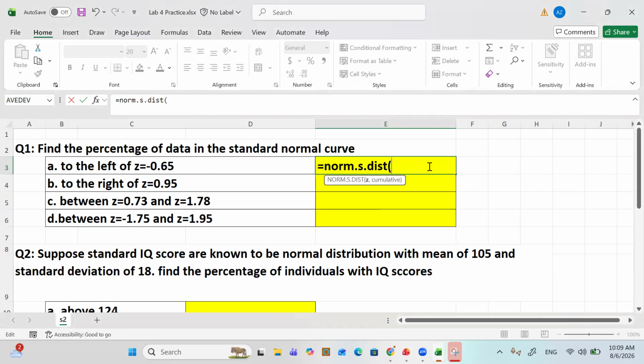I open parentheses and put in the z-score, minus 0.65. We are looking for the area to the left, so we accumulate everything to the left, putting true. Close parentheses, and that will do it.